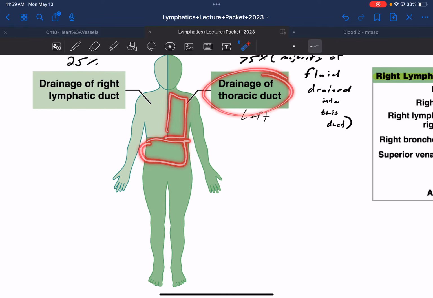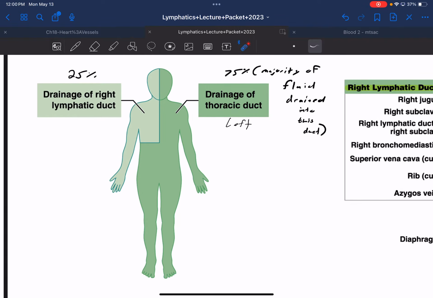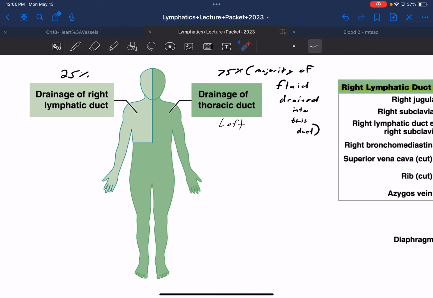It just seems to be the major duct because of all the lymph flowing through the vessels. 75% of that fluid returns to only the left thoracic duct, and the last 25%, and again, these numbers are estimates just to give you a gauge, where the majority of flow goes through, that lymph returns mainly on the left side where the heart is.